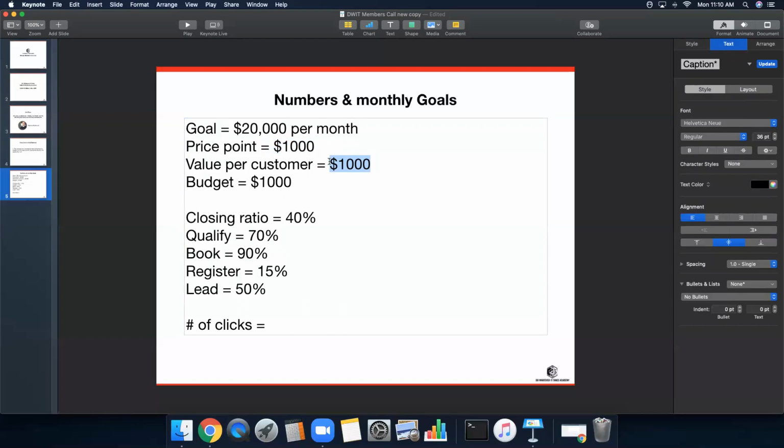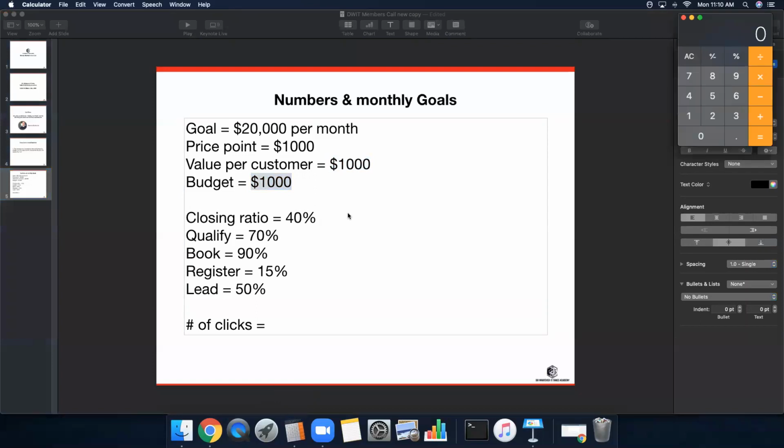So we have to understand that if your budget here is only $1,000 and you have a price point of $1,000 and your value per customer is only $1,000, then you have to be able to get these buyers at right around, what do we look at? We're going to need 20 buyers.